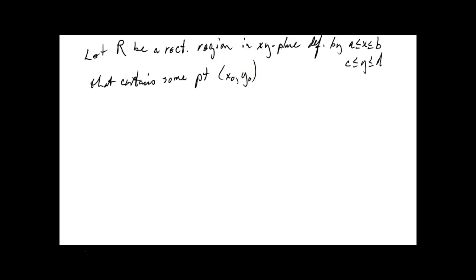That's going to be the place for your initial condition, y(x0) = y0. What that means is x0 has to be between a and b, and y0 between c and d. So you just move your rectangle until it contains the point in question. That's your initial condition, in its interior, not on the boundary. x0 can't be a or b, and y0 can't be c or d. It has to be in the interior.